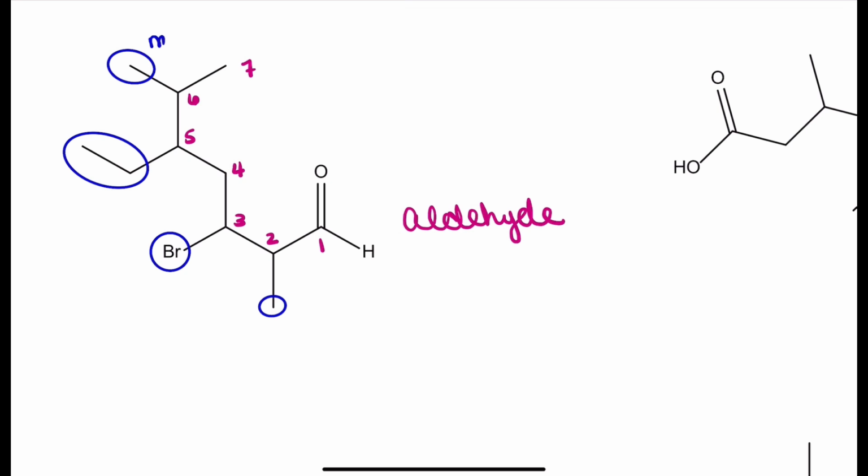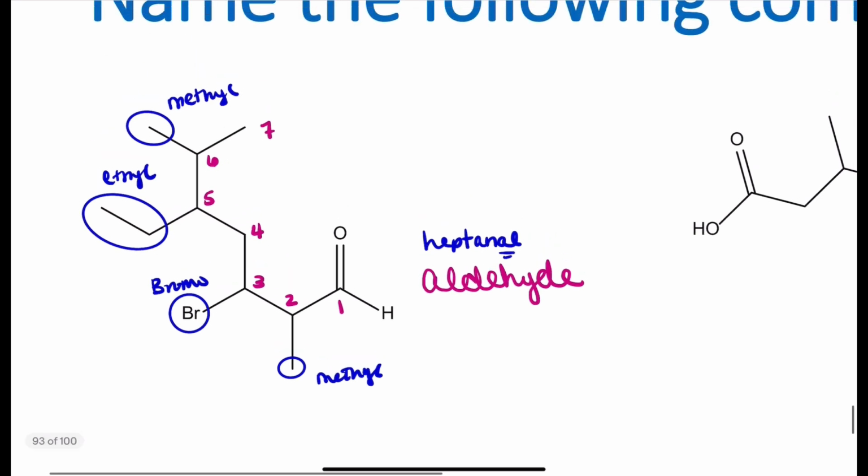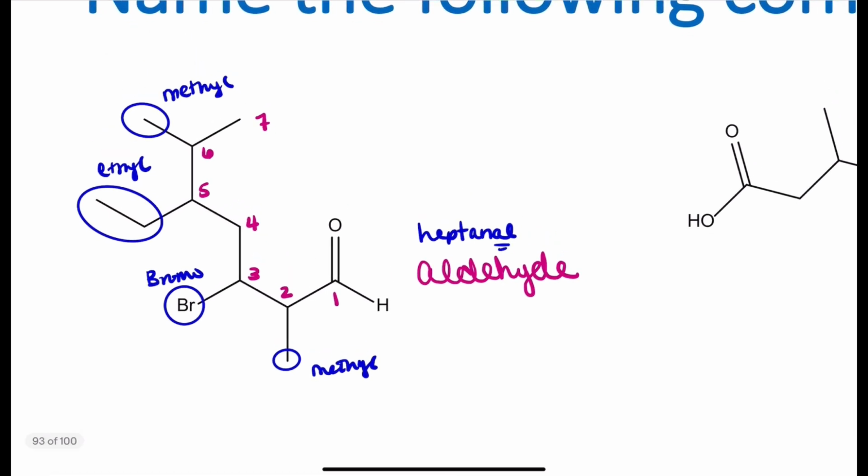So this group here is called a methyl. This is an ethyl, bromo, and methyl. I have 7 carbons, so I have a hept. And I know it's heptanal because it's an aldehyde. I need to put these in alphabetical order. So I'm going to first put bromo. My bromine is at the 3rd carbon.